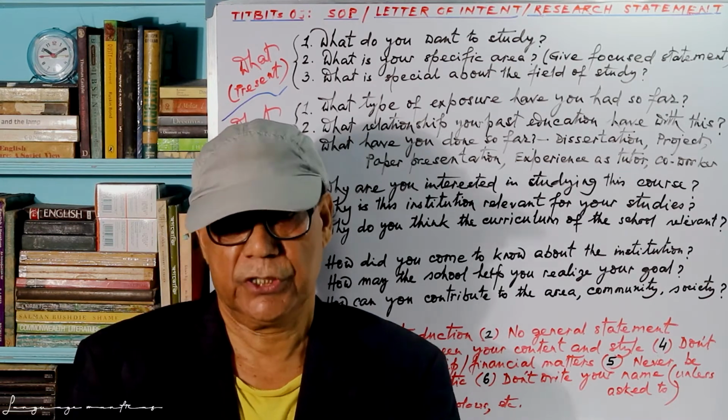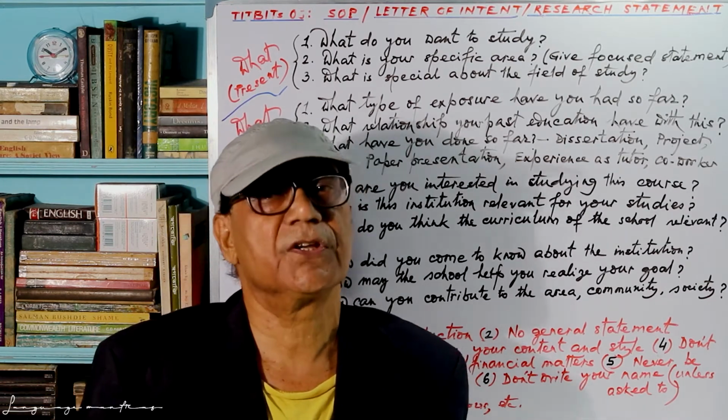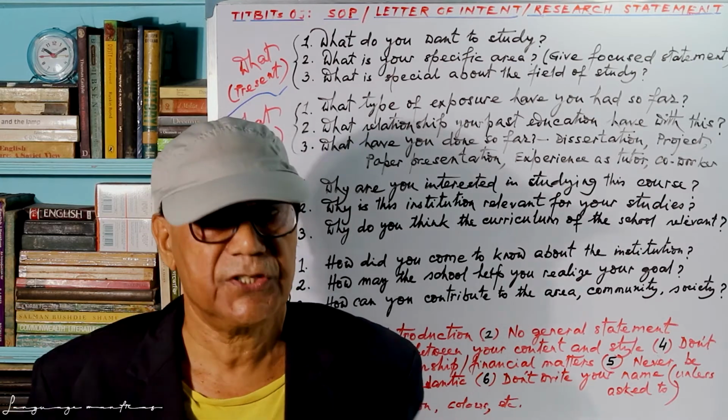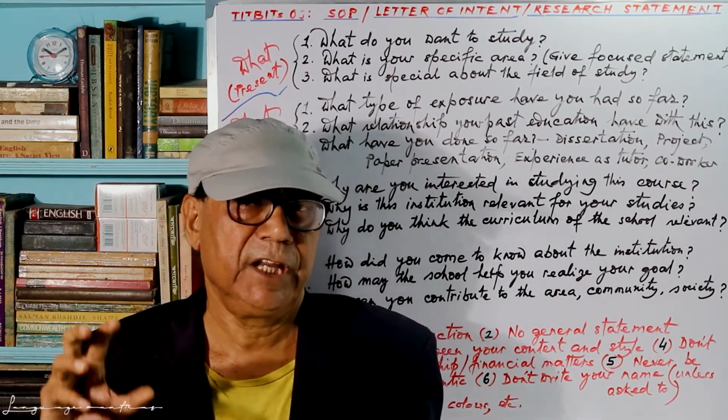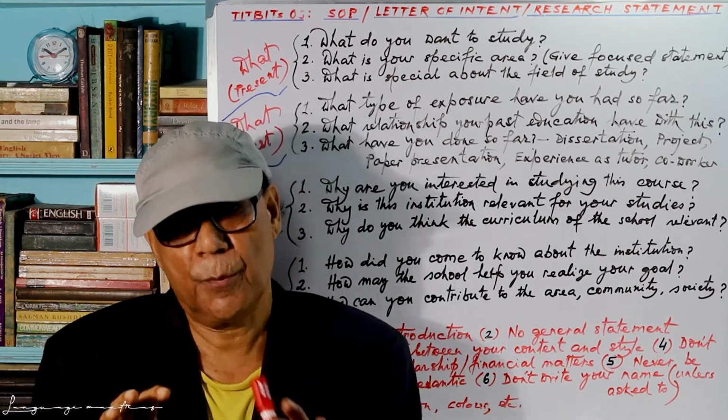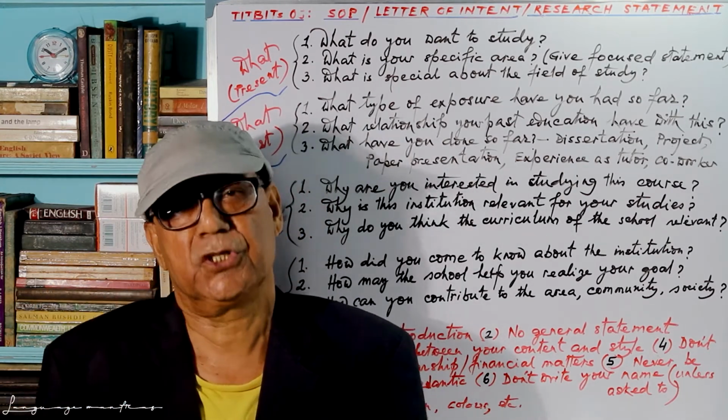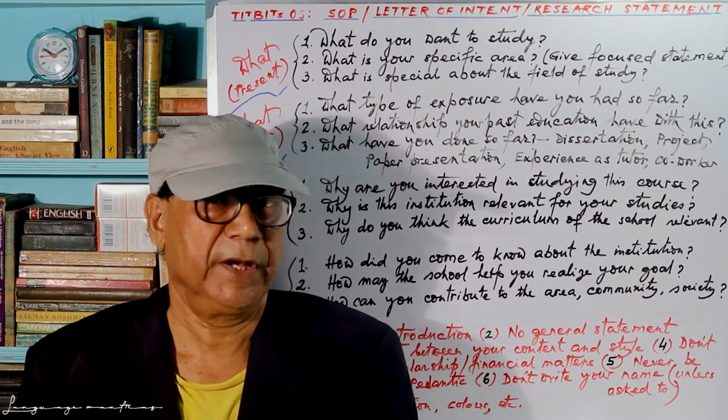You have your certificates, you have your mark sheets, transcripts, and even recommendation letters. But all these somehow give a very objective view or objective statement of a student's performance.